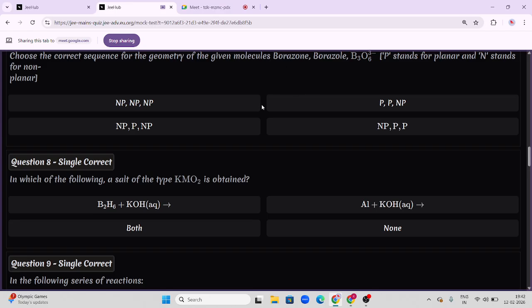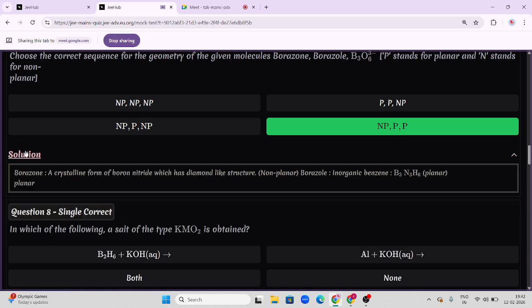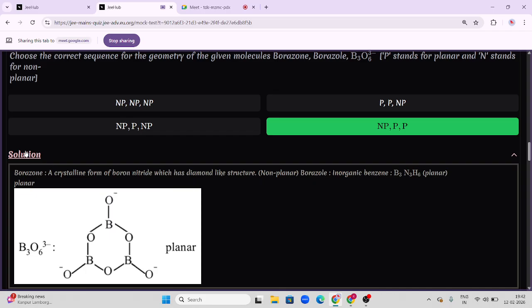Borazone is nothing but boron nitride. Boron nitride is very strong, just like diamond. Diamond is sp3 hybridized, and sp3 is non-planar. It is tetrahedral, isn't it? So it is non-planar. Borazole, as I mentioned, is another name for borazine.